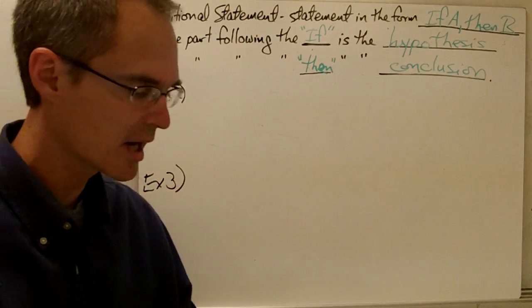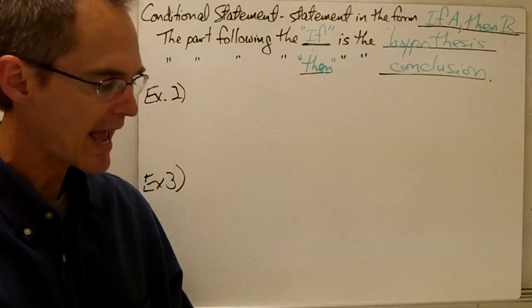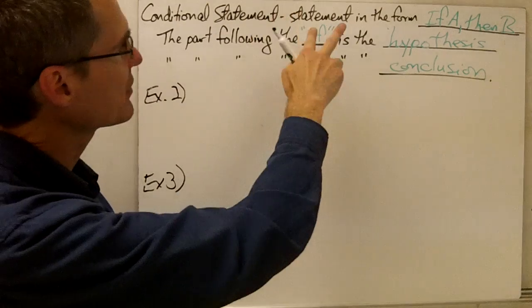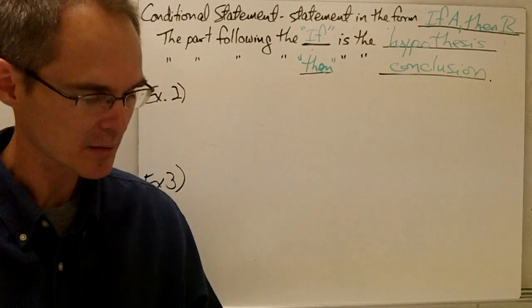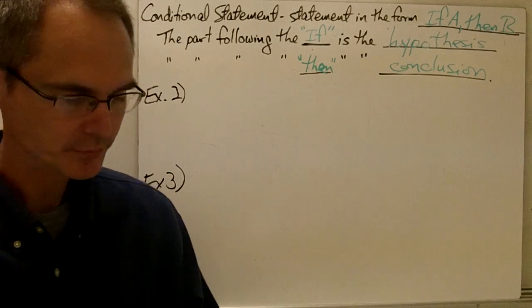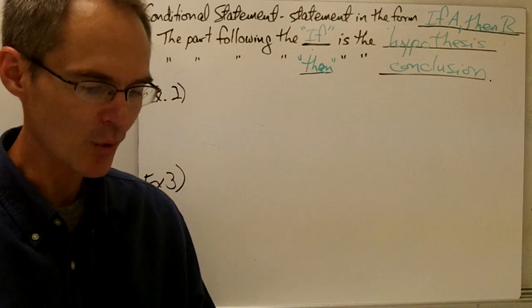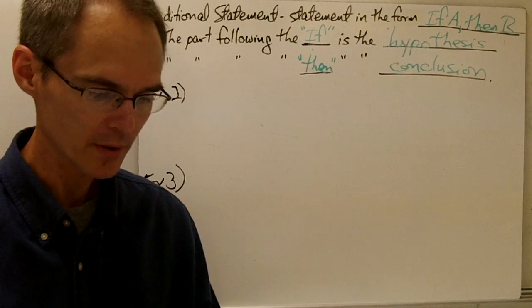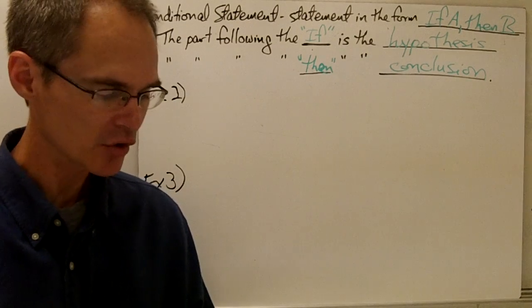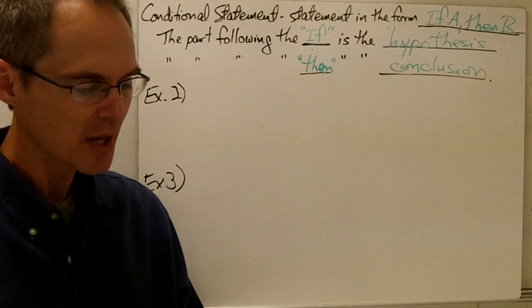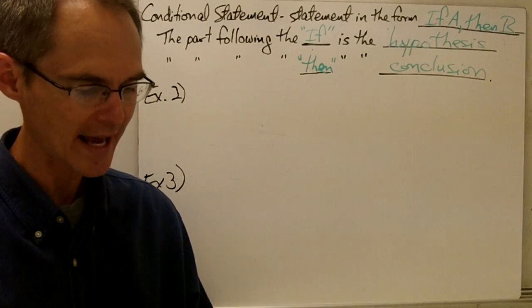So let's take a look at a couple of statements and how we might put them into the conditional statement form, if A, then B. Example number 2 says, write each statement in conditional form, that is if-then form, and identify the hypothesis and conclusion of each conditional. The given statement is, perpendicular lines form right angles.